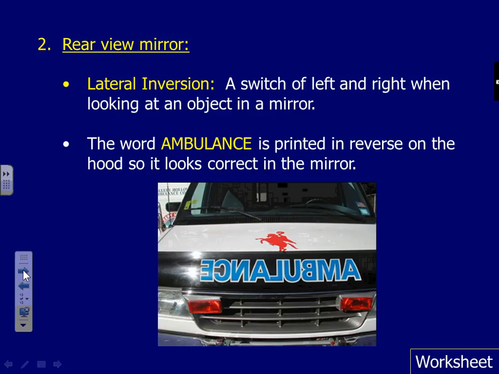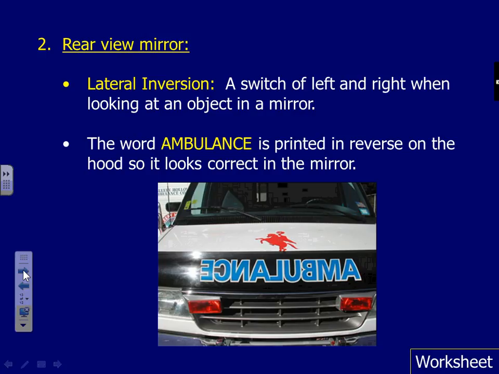How many have noticed that when an ambulance goes by that the word ambulance on the front of it is left and right? Why do they do that? So, your rear view mirror has everything inverted. You've noticed that before, right? So if you raise your right hand and you think about flipping around, it's your left hand.